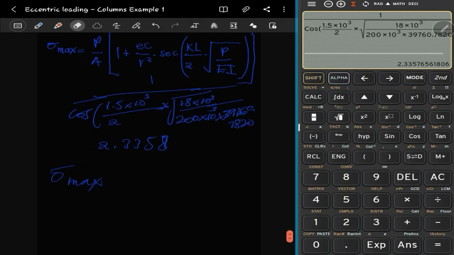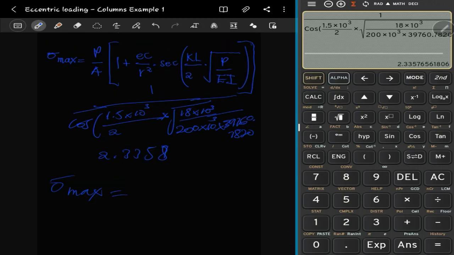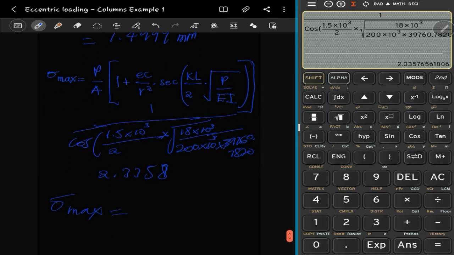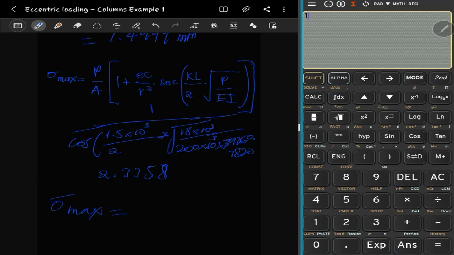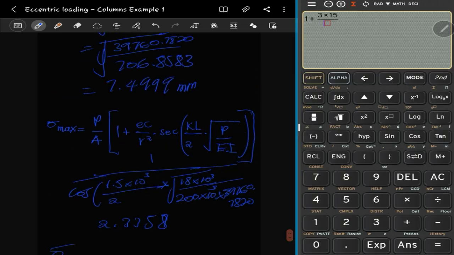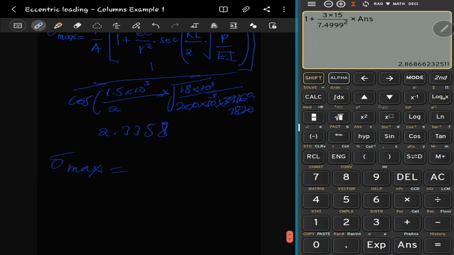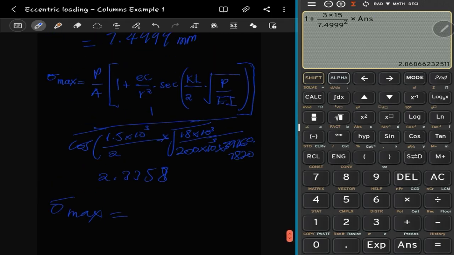So that is what we get in the end when we do this: 1 plus E was 3, C was 15, and then R was about 7.4999. That's squared, right? And when we multiply by the answer that we had, that gives us that.